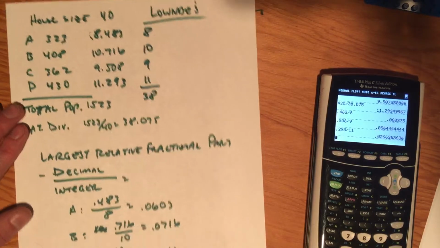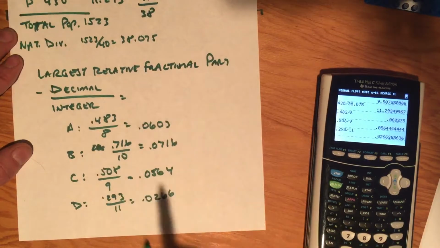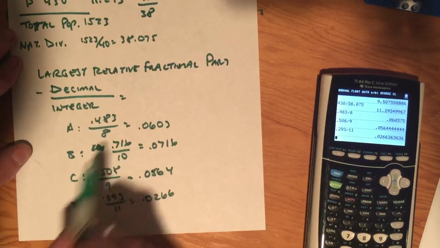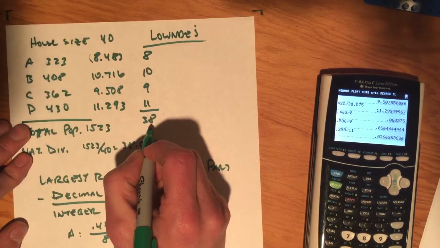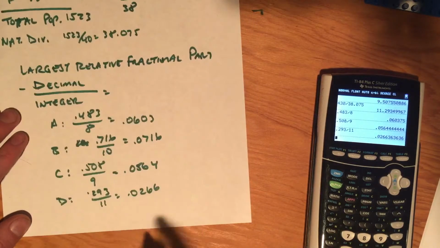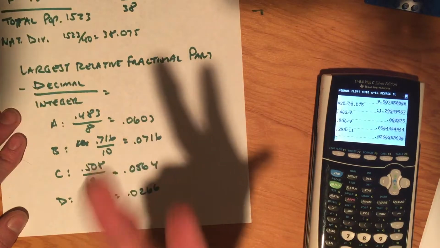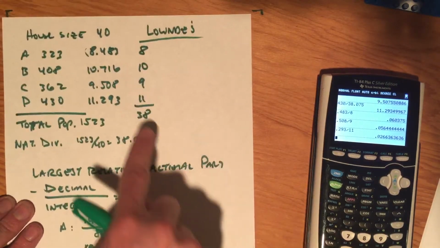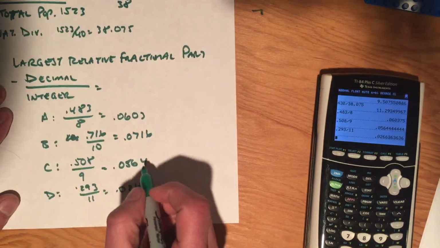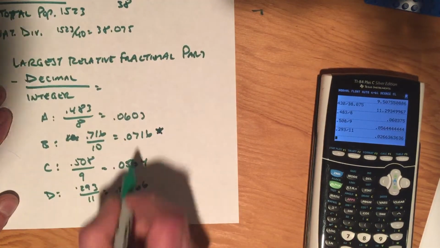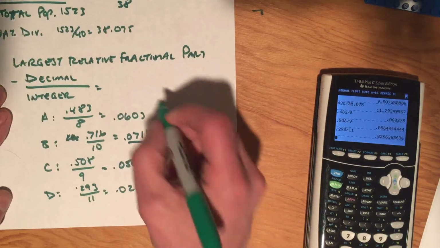What's happening now with the Lowndes method is that instead of just looking at the total decimal, we look at the largest relative fractional part. We need 2 more seats, so we calculate the relative fractional parts and choose the highest two. State B gets a seat. 0.07 is the greatest relative fractional part.